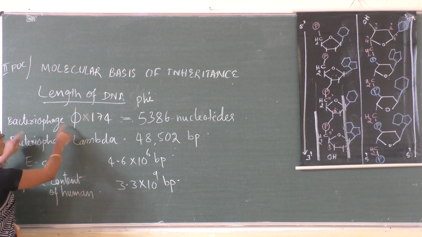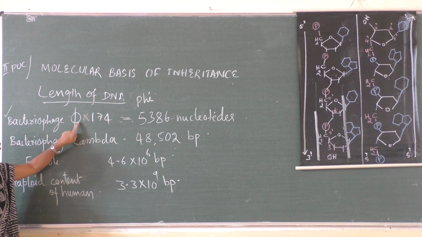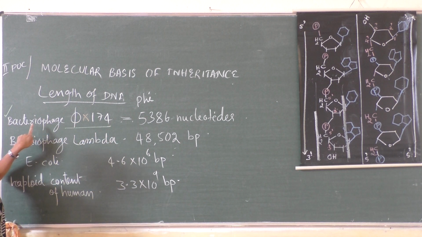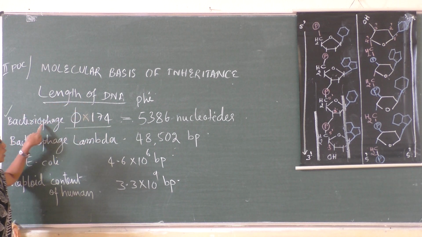This is a bacteriophage named Phi. This is the symbol for Phi. Phi 174. This is read like that. The total length of the DNA of Phi 174 bacteriophage.